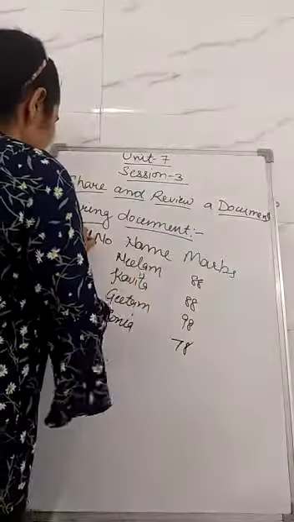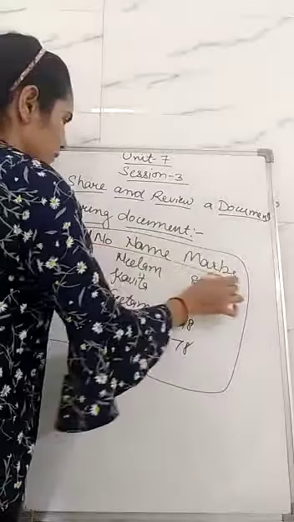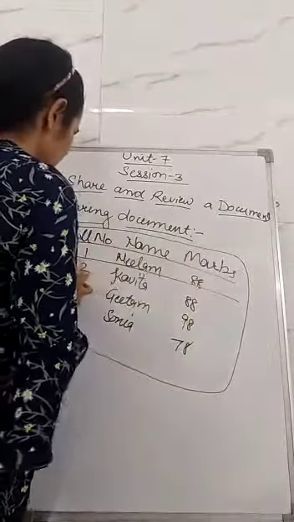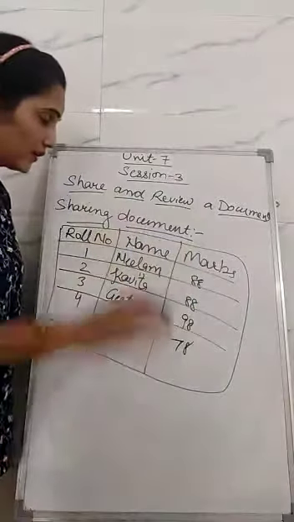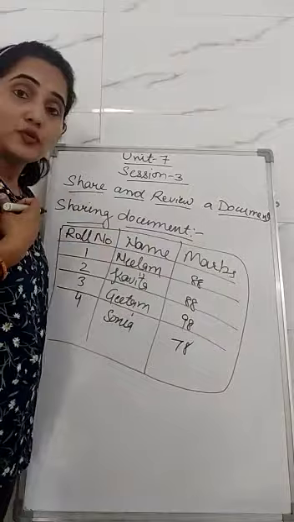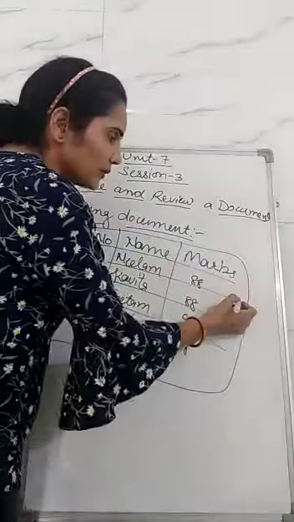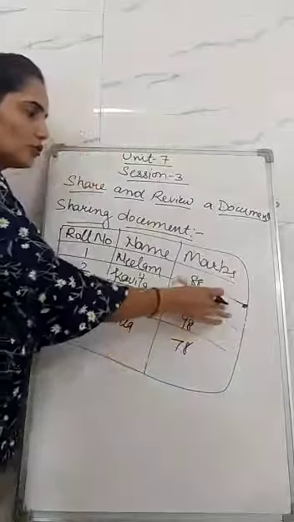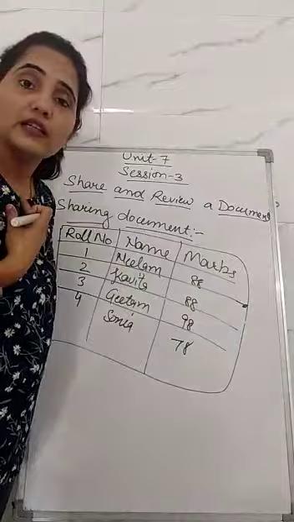Suppose that this is a table that you make in LibreOffice. Now, suppose that I am user 1 and I insert this data. Now I want to set a comment here, meaning I want to set a comment: Kavita marks updated by Neelam Mehla.